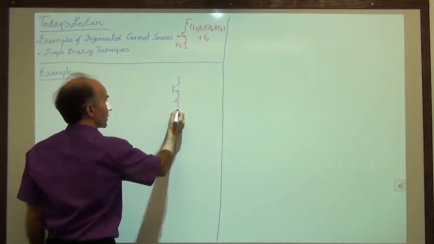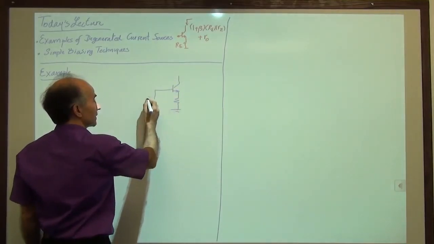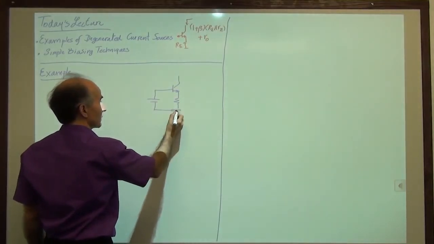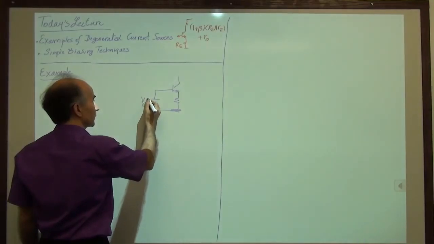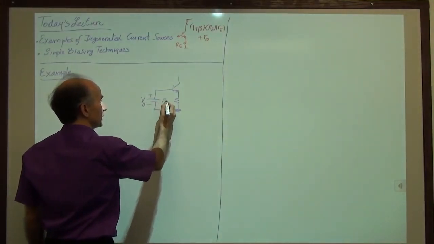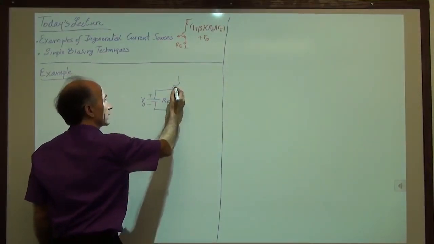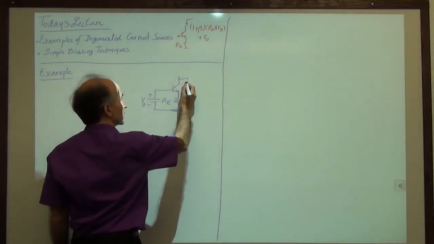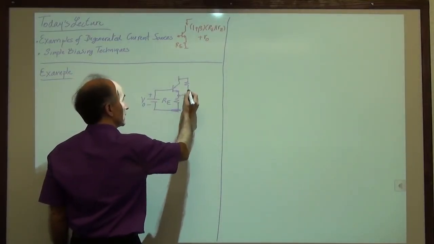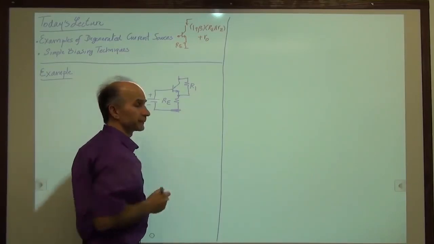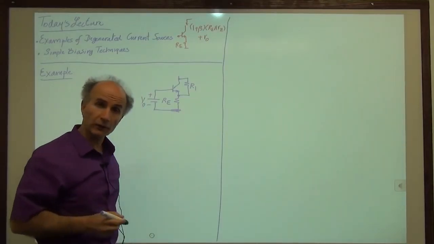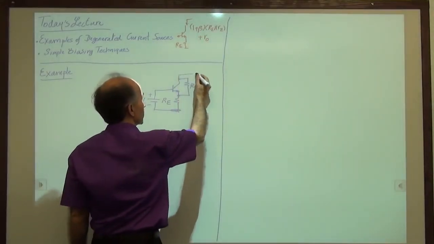I have a degenerated common emitter stage or current source. So I have some sort of voltage here, Re, and then I deliberately add a resistor between the collector and emitter, and I call that R1. And now I would like to find the output impedance of this device.